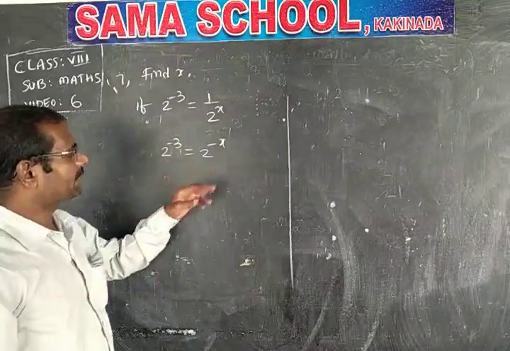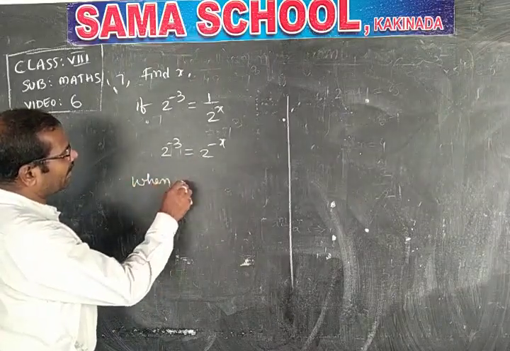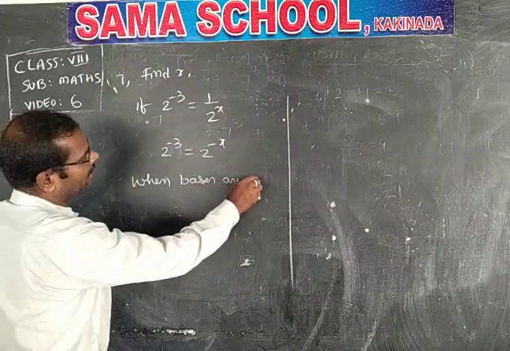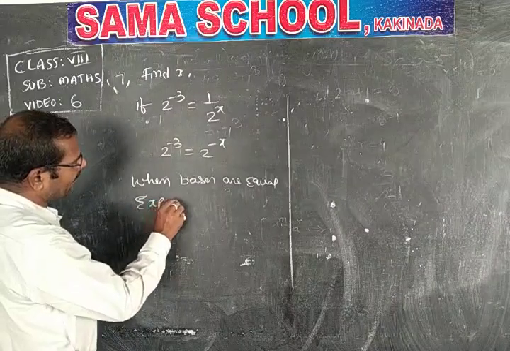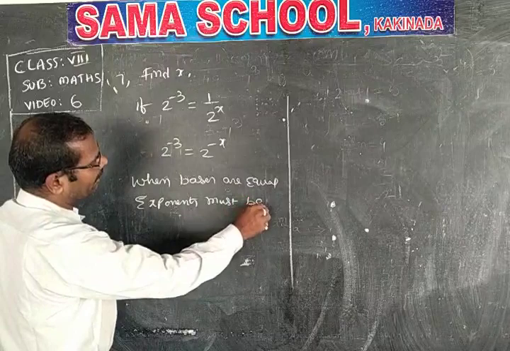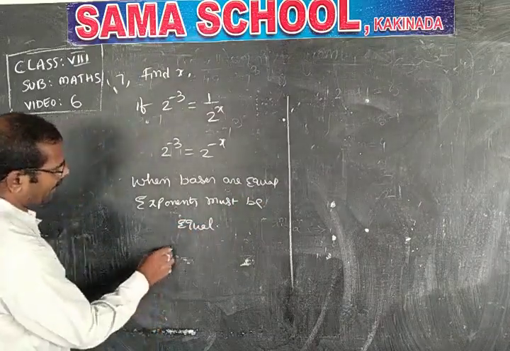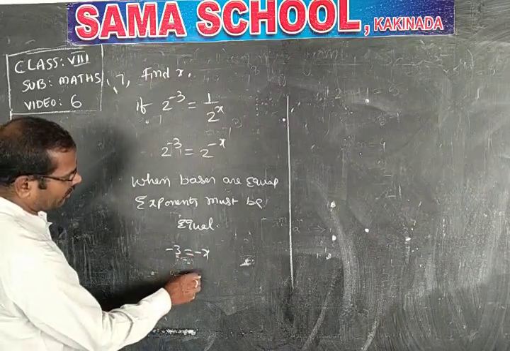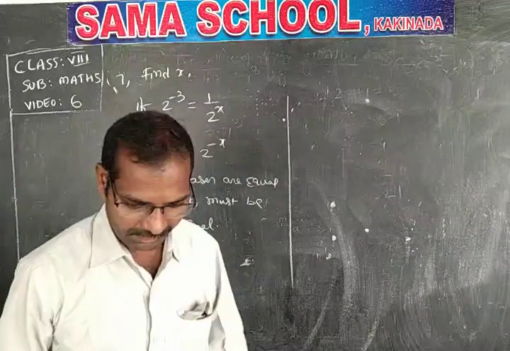Again, when bases are equal, exponents must be equal. That means minus 3 is equal to minus x. Minus minus cancel, therefore x is equal to 3. What is the answer? x is equal to 3.